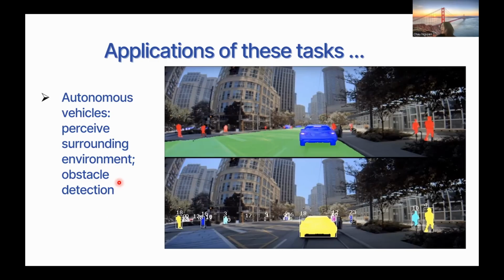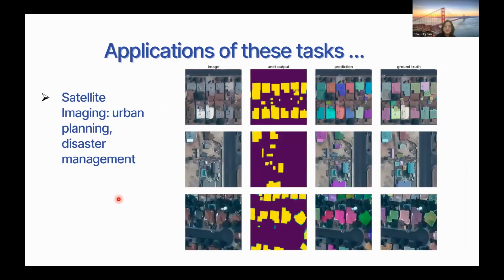We have Tesla and Waymo, and in Toronto we have Waabi as well, a self-driving truck company. All these companies operate on the idea that they have really strong obstacle detection and object detection in real time, so that it can inform the agents to maneuver on the road and avoid collisions.